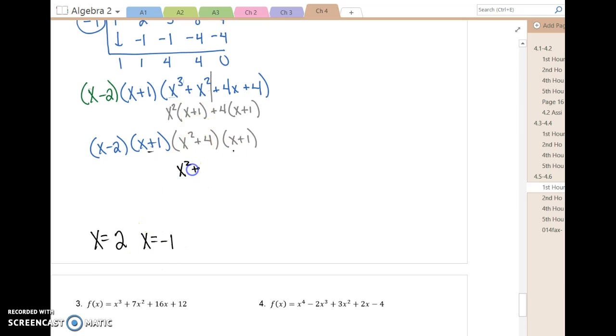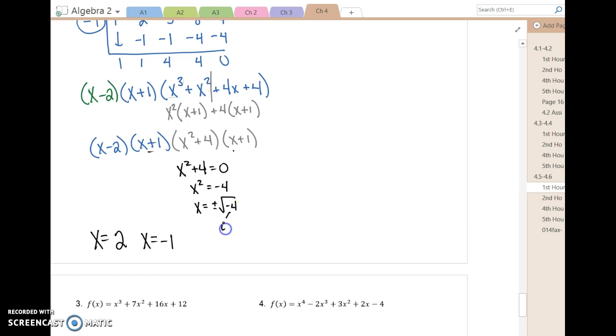X squared plus 4, we need to set that equal to 0. To undo a square, we square root. So this becomes the positive or negative square root of negative 4. What we need to remember is that the square root of a negative number is an imaginary number.